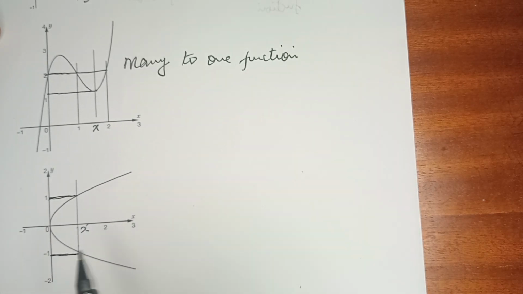It means there is no way one raw material can give us two products. One input cannot give us two outputs, and one domain cannot give us two ranges. Therefore, it is not a function.